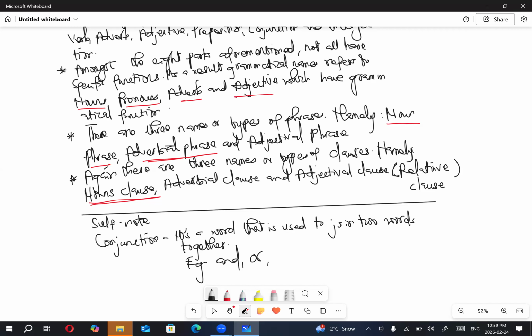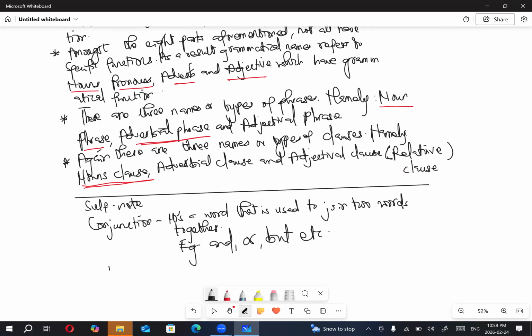So we have and, or, but, etc. They are all conjunctions. Then let's look at interjections.